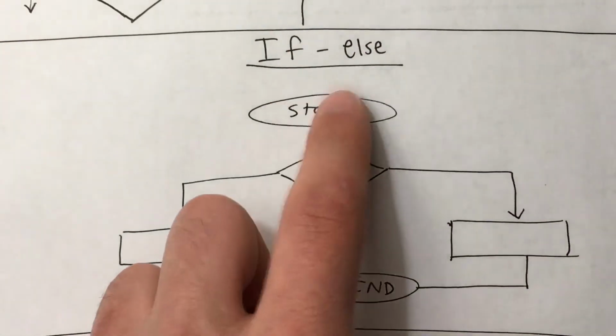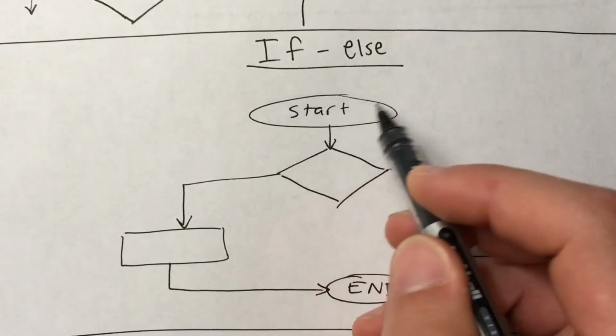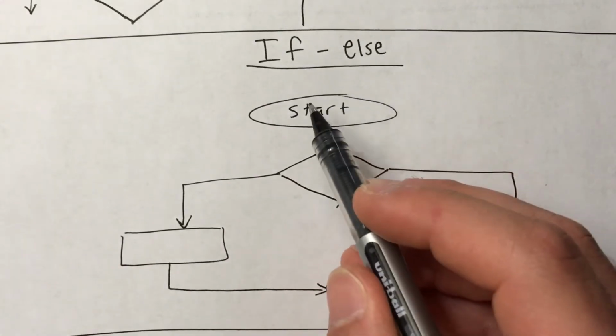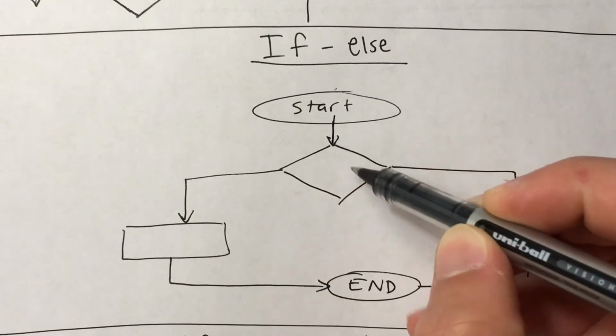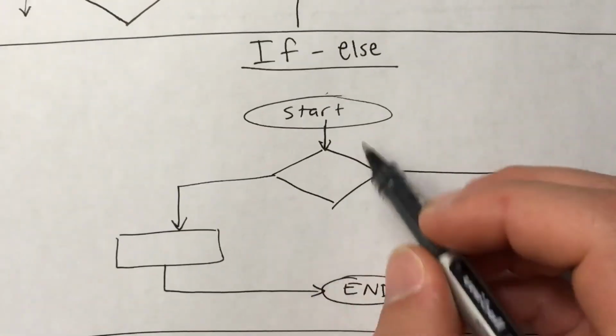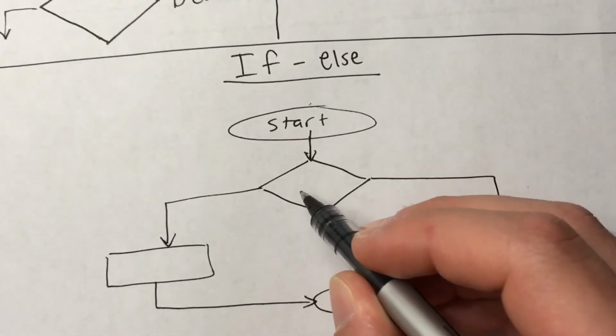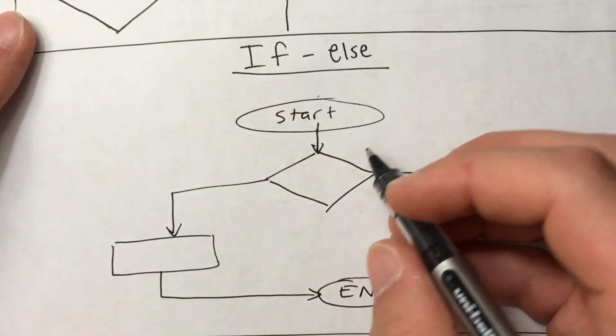You have the if-else statement. Here you have the terminal. Like I said, that oval-looking shape signifies that this is the starting point. Then we have the flow line directing us to this decision box, or diamond. Let's say in the if-else statement, we reach the if expression.